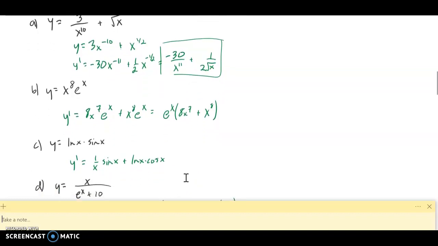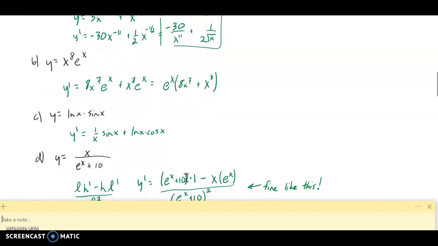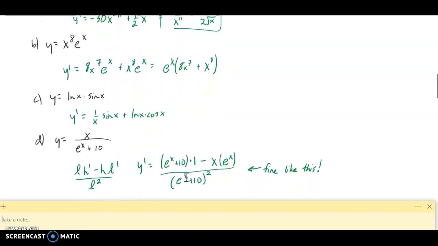Let's go to part D. Ooh, quotient rule. So you're going to start and end with the low: low d high minus high d low over low low. Go ahead, pause. Okay, here it comes. So I actually wrote this, the low d high, remember high prime, minus high d low over low low right here, so that we would all see everything.